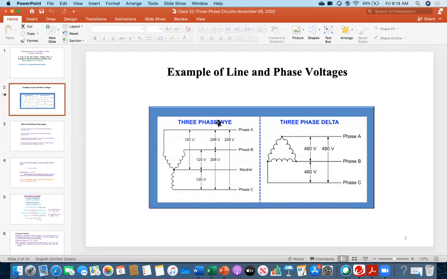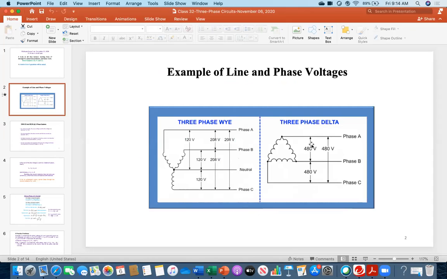Okay, so moving forward, you remember that we were discussing the three-phase system, three-phase circuit. I think on Monday I showed you this slide last. We were discussing the relationship between phase voltage and line-to-line voltage in the case of both the Y system and, on the right side, the delta system.